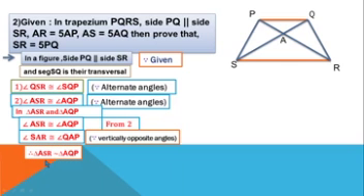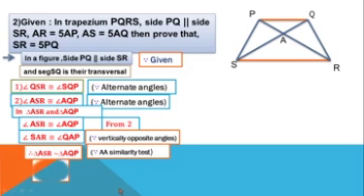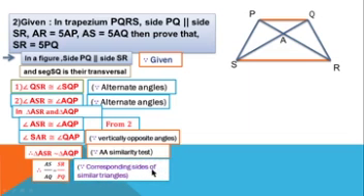Therefore, triangle ASR is similar to triangle AQP by AA similarity test. Therefore, their corresponding sides are in proportion. AS divided by AQ is equal to SR divided by PQ, corresponding sides of similar triangles.